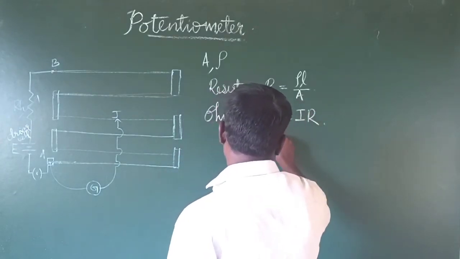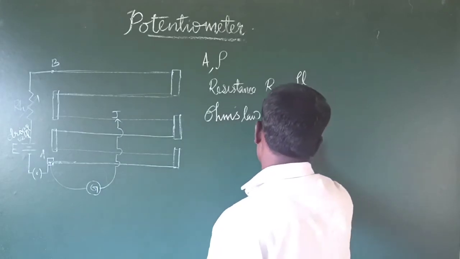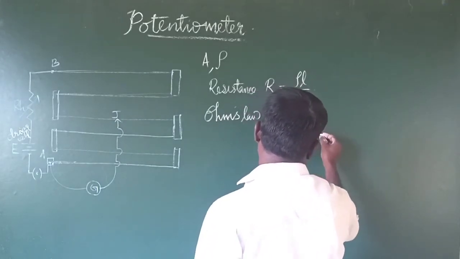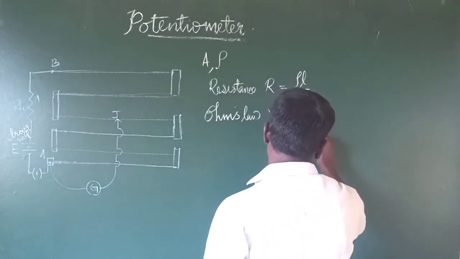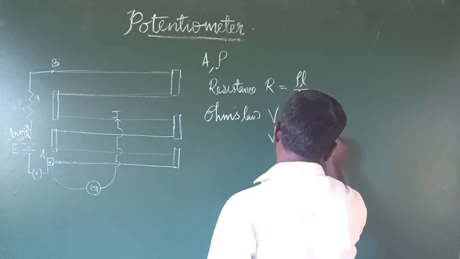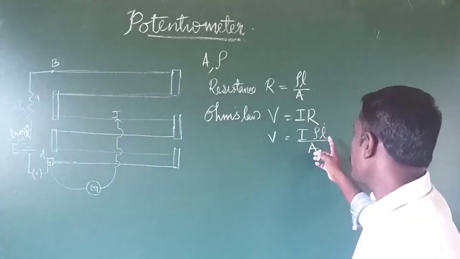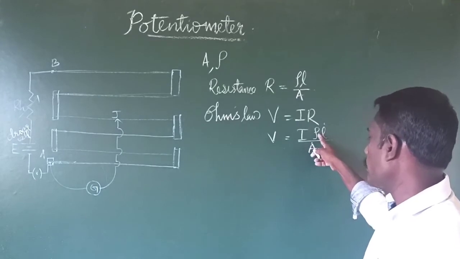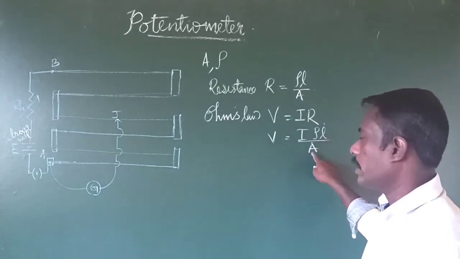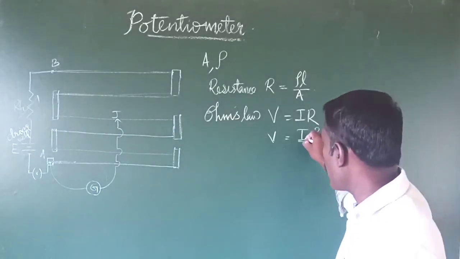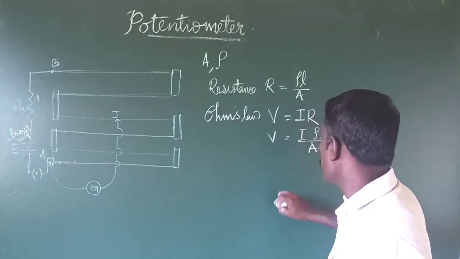And if we substitute the value of R in this equation, what will we get? V is equal to I into rho into L divided by A. Rho is the resistivity of the wire, L is the length of the wire, A is the area of cross section of the wire, and a current I is flowing through the circuit.